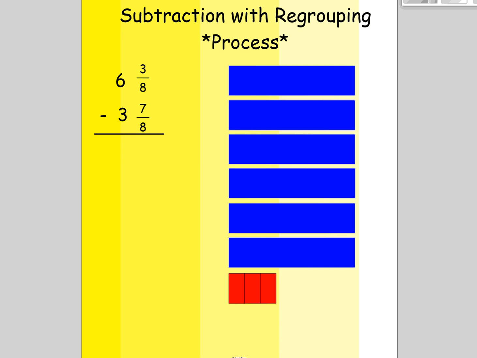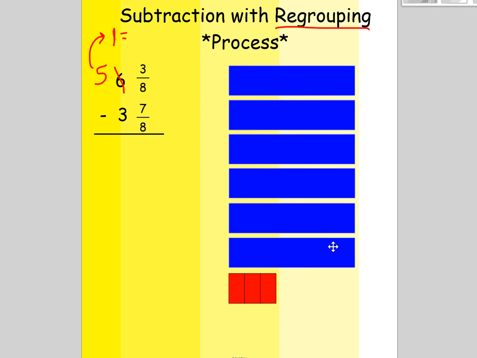So let's take a look at the process that we're going through when we subtract with regrouping with mixed numbers. It's a little bit different than when you're subtracting whole numbers, because when we subtract 6 3/8 minus 3 7/8, if I'm going to regroup from the 6, I'm changing it by 1 whole, not by 10.